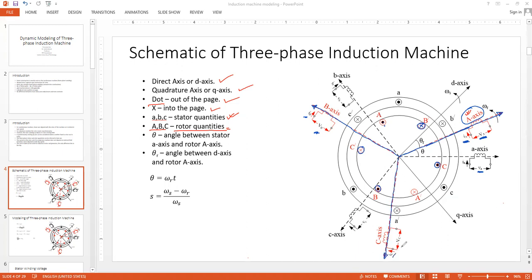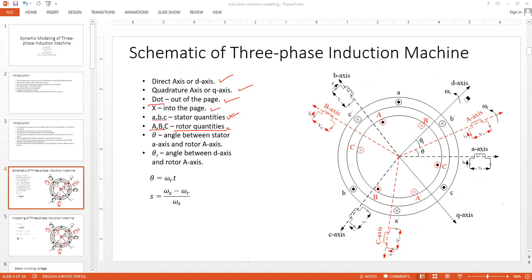Again, this is I capital C, V capital C. Again, these are induced effects. So this is all about the coils for phase A, B, C for both stator and the rotor. So this part is done. Any question? Very simple, nothing special. Okay, so let's continue.